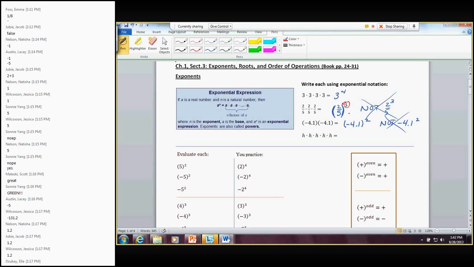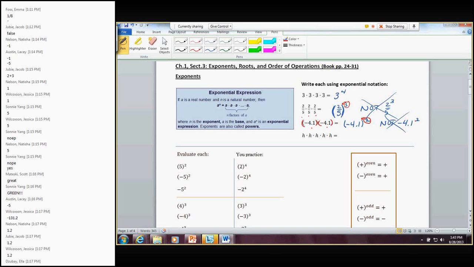It sees parentheses, so it's saying to itself, I'm going to multiply whatever's in parentheses by itself 3 times. 2/5 times 2/5 times 2/5. Over here, the 2 sees the parentheses, so it says, I'm going to multiply whatever's in parentheses by itself 2 times. Negative times negative.